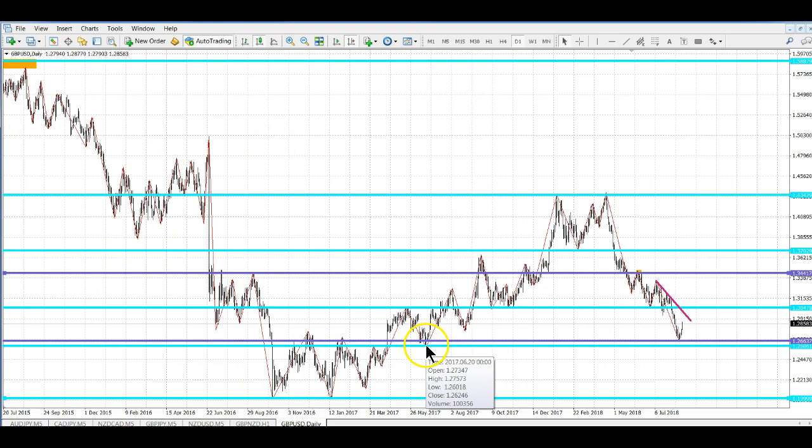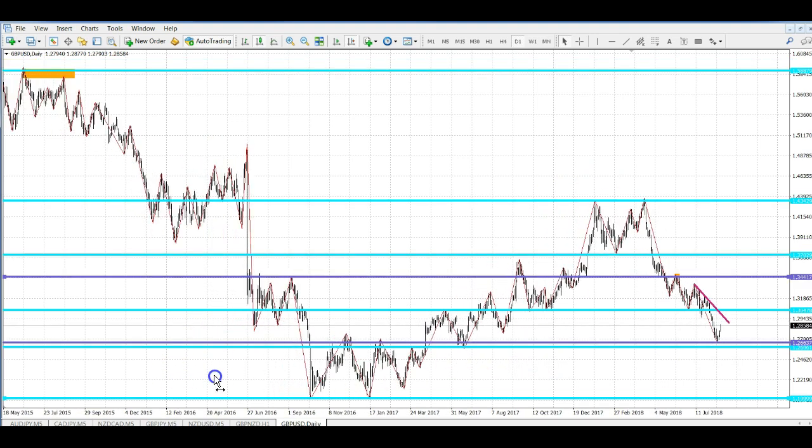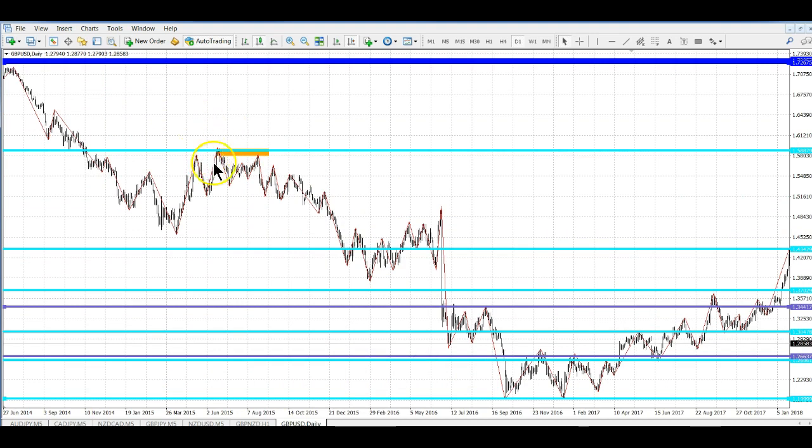So see the point here, point there. We've got your 2 here. Up here in this area where it turned, that's more of a consolidation area.